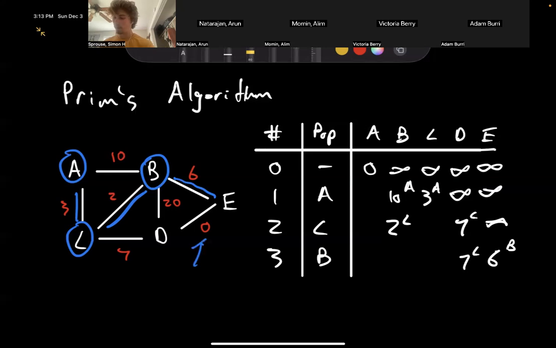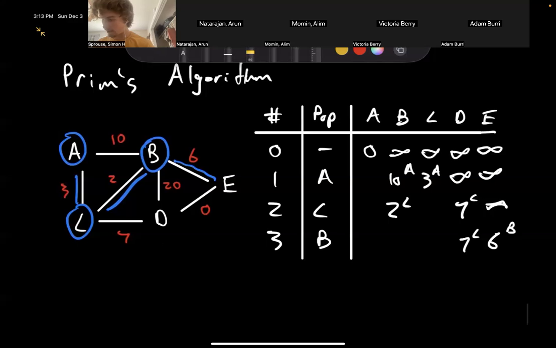Even though we've got this 0 edge here, you would think we would have used it, but we haven't used it yet. We have to discover it. This is the big difference between Kruskal's and Prim's algorithm: the order in which you discover these edges. Let me finish out this table.